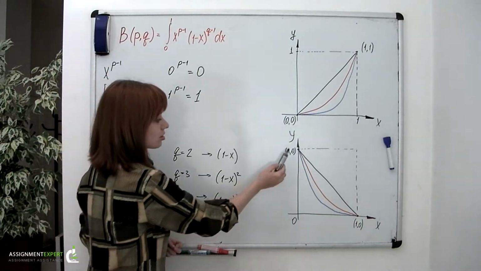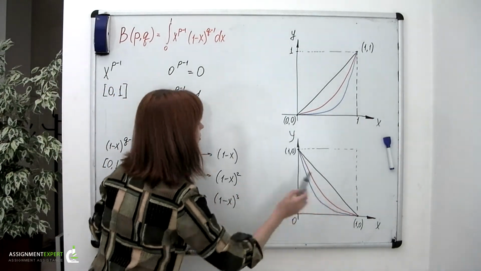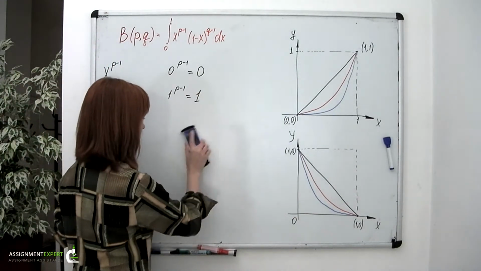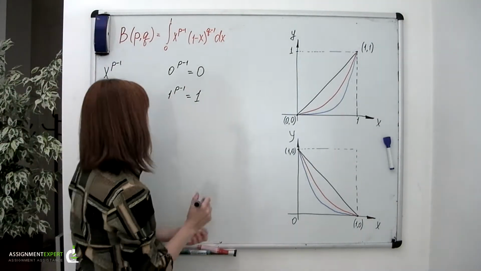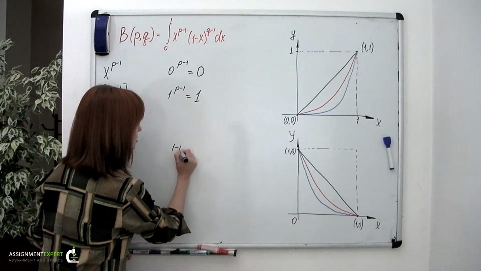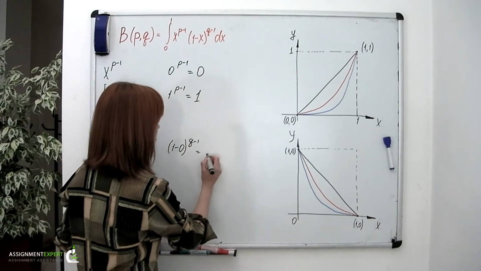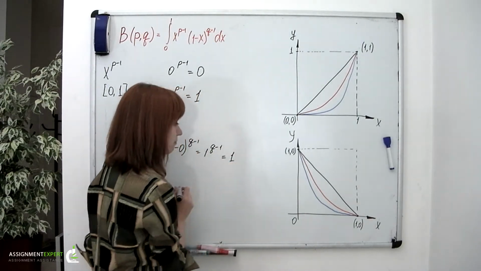In this case, these curves still pass through the points with the coordinates 1, 0 and 0, 1. So for x equal to 0, we'll have 1 minus 0 raised to the power of q minus 1, which is equal to 1 raised to q minus 1, which equals 1.